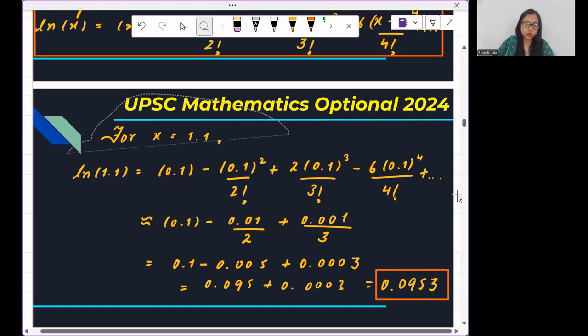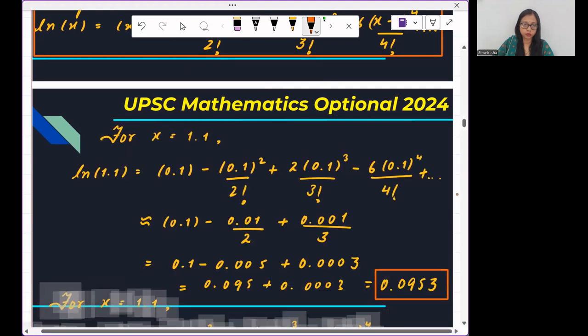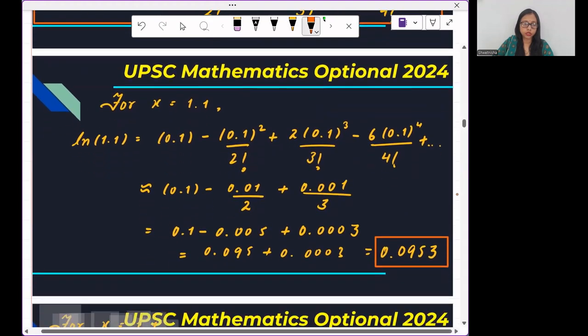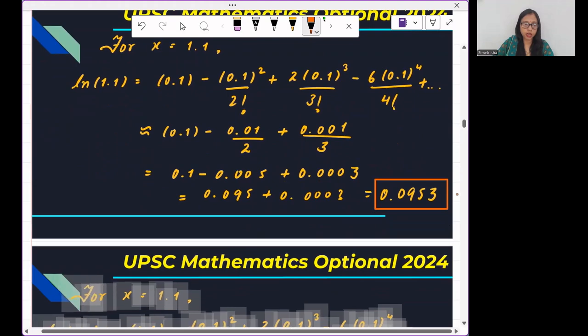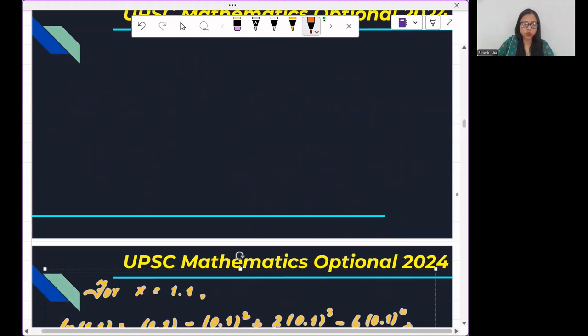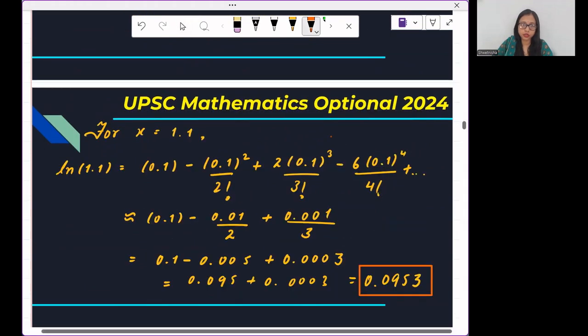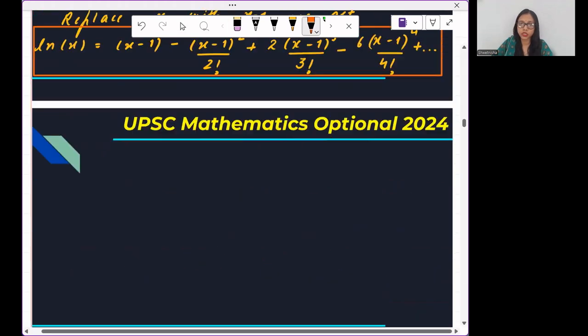One more thing, you can also reduce the expression that we have obtained for log x, like the way I have reduced over here. As you can see, the denominators are 2, 3, 4. So you get a pattern here with alternate signs.